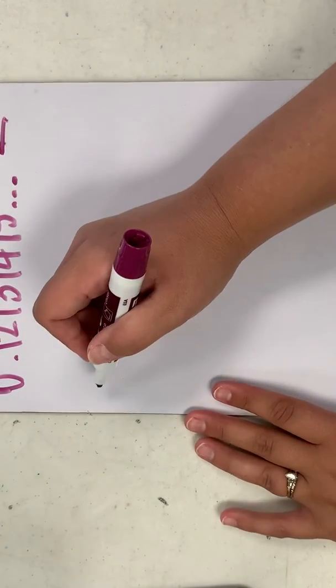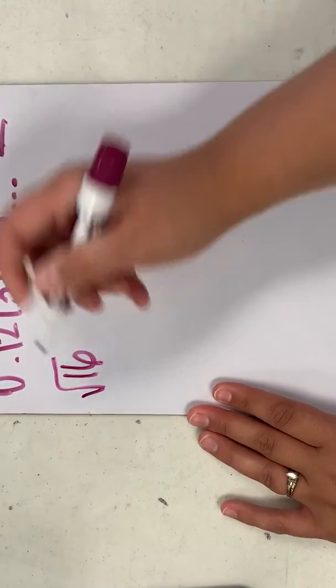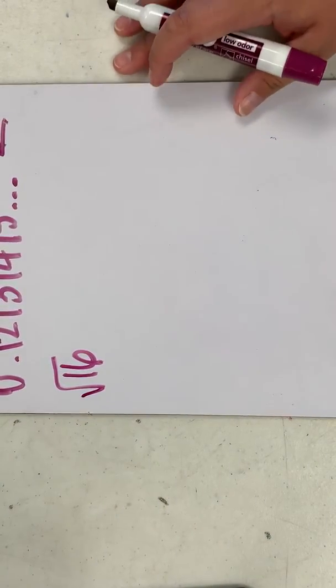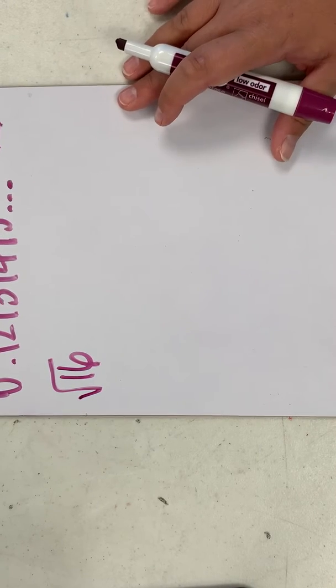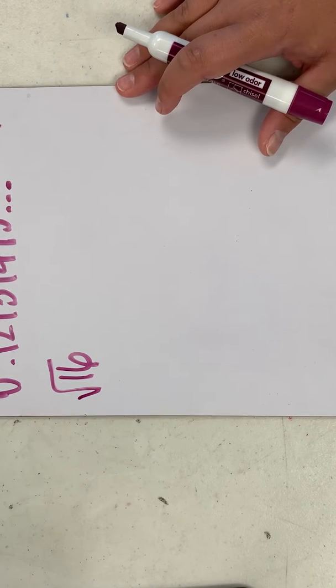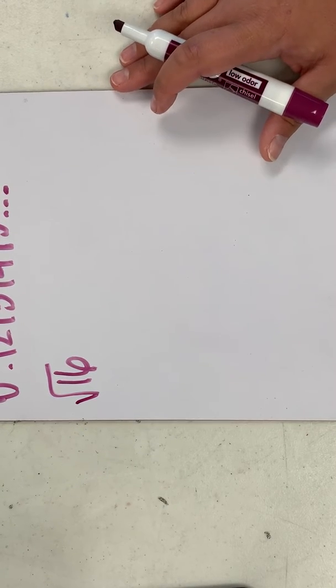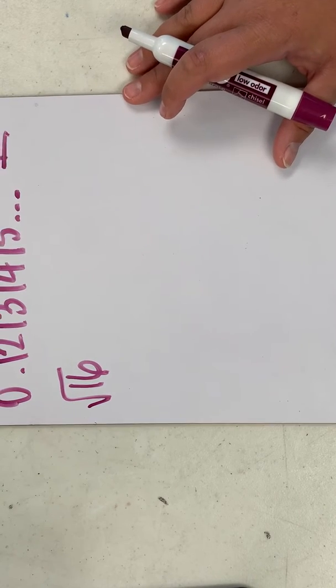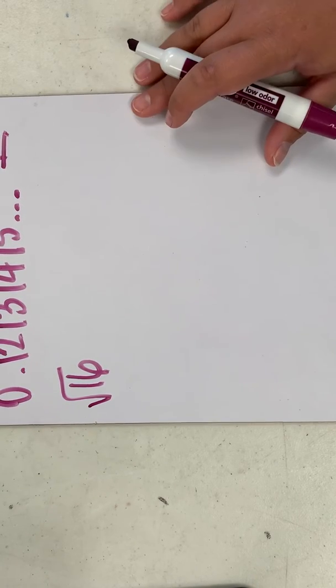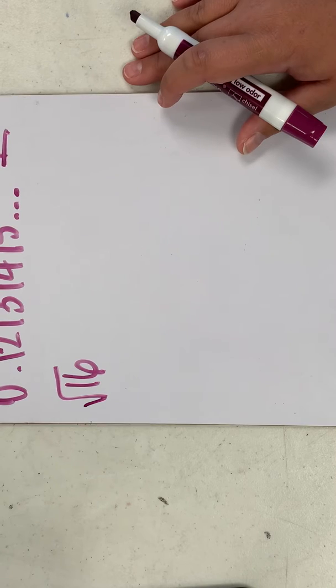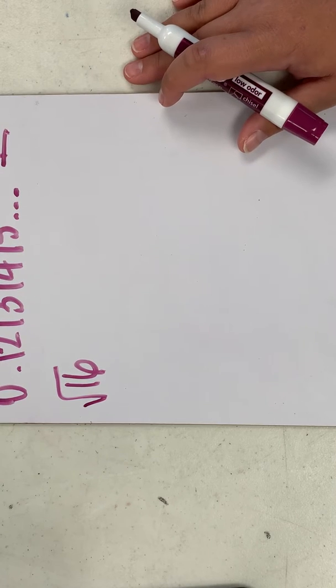Okay, so let's try square root of 16. On your boards, go. Boards up.